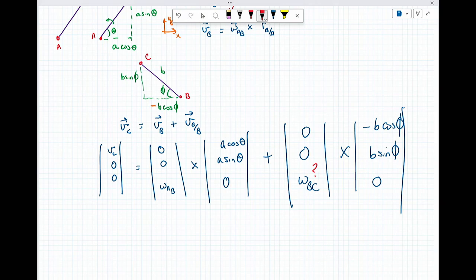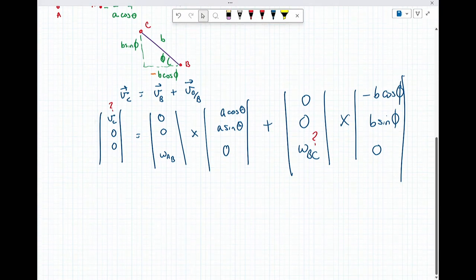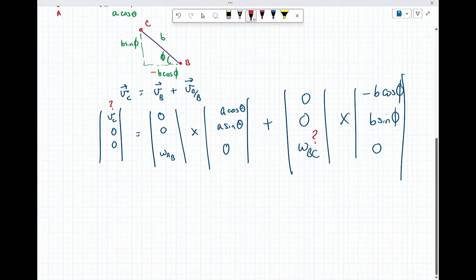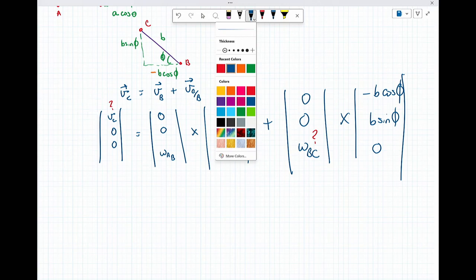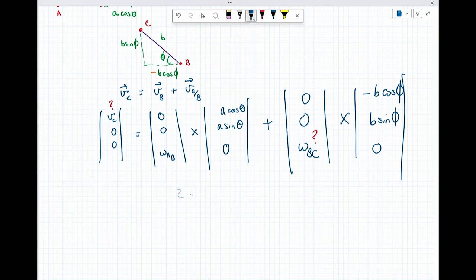So I can rewrite all of those terms that I've already calculated because I have everything I need. So in terms of what I don't know, V sub C, and I don't know omega BC. And if I solve through this problem, I'll get two equations.